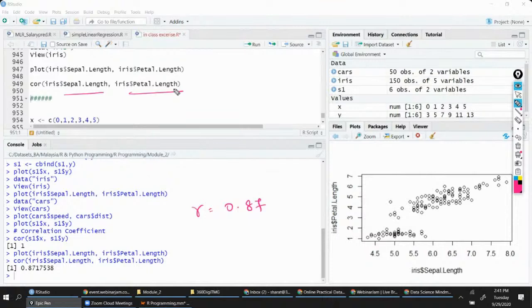What do you think? Strong relationship. Very good. The sign that you are seeing is positive, and the thumb rule says if it is greater than 0.85, then we have to interpret it as a strong relationship.